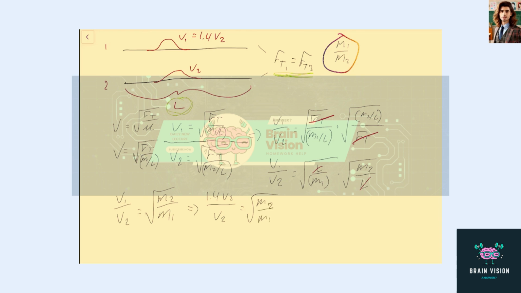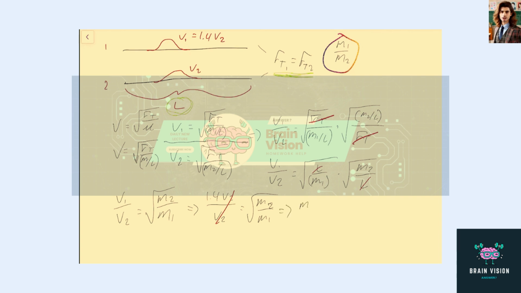And again, these two cancel out, so we're left with 1.4 is equal to the square root of M2 over M1. But we want M1 over M2, and we want to have it not be square rooted. So we're going to square both sides, and then we are going to invert them to get the right ratio.